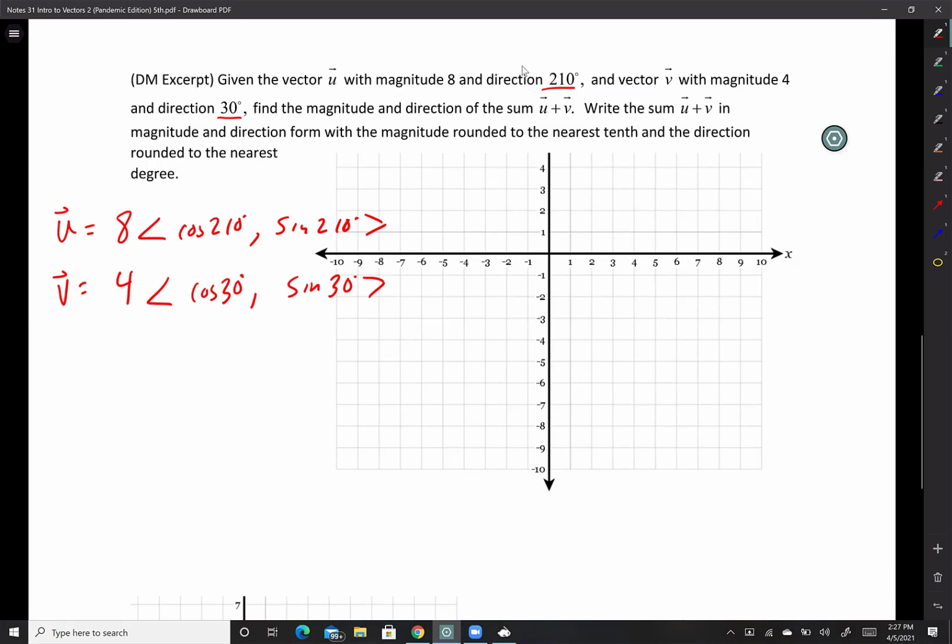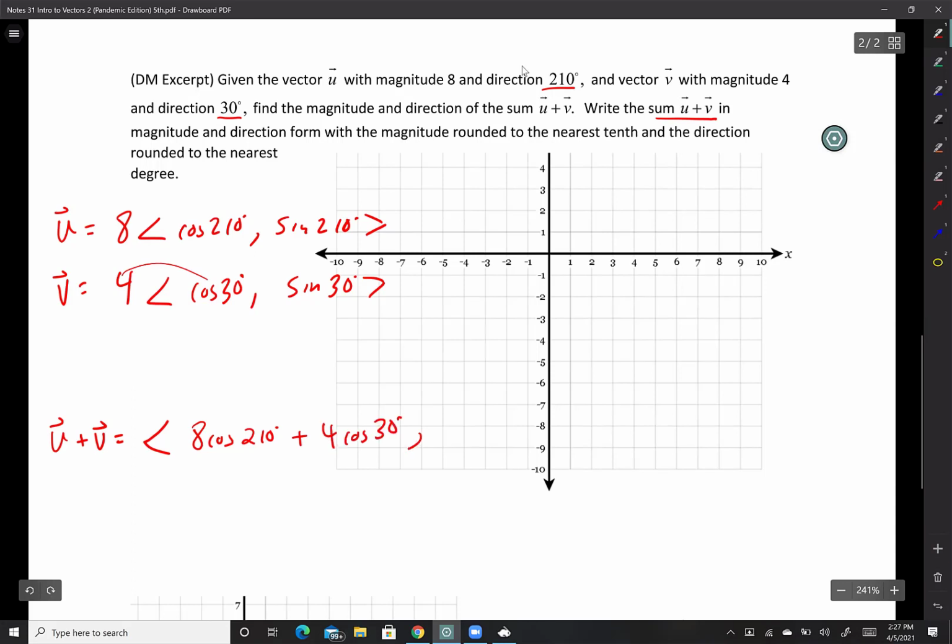All right, I want the sum u plus v, so here's how you do it. The sum of the vector u plus the vector v equals, I put a chevron, and I add the x components together: 8 cosine 210 degrees plus 4 cosine 30 degrees. Those are my x components.